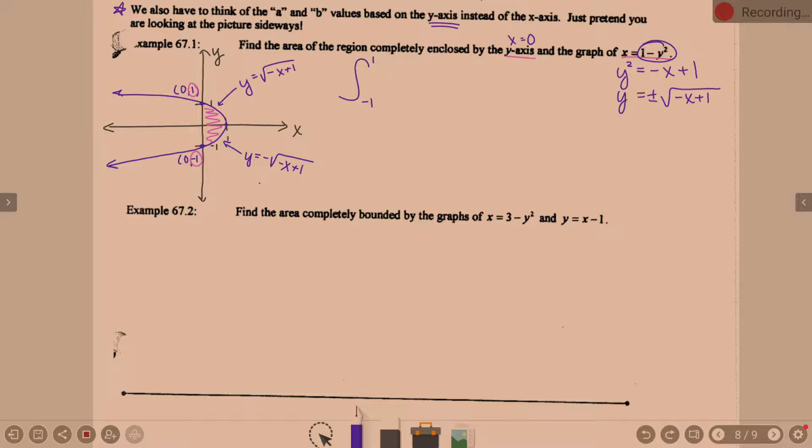But I want you to realize we are doing right minus left. It's just that our left here is 0. So officially, I'm going to put this as the 1 minus y squared, and I am going to say minus 0, just for the purpose of having it there, dy. Do you remember that negative 1 and 1 are y values? Don't forget that.